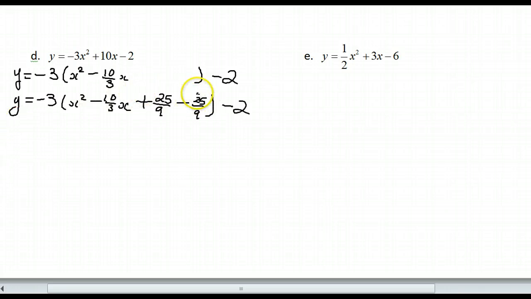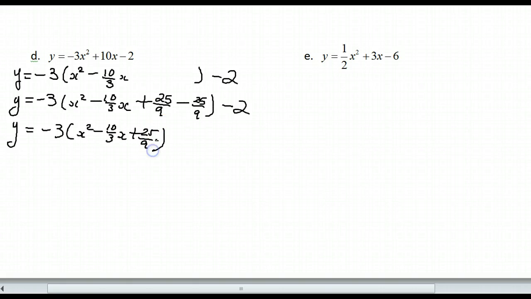Okay, we're going to remove the minus 25/9 from the brackets. Doing that, we're going to multiply by -3. Y equals -3 times x squared minus 10/3 x plus 25/9, and multiplying, -25/9 times -3 will give us positive 25/3 minus, and I'm going to convert this right now, so 2 is 6/3.